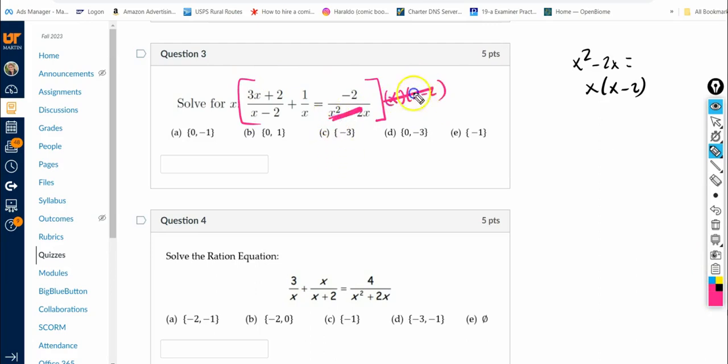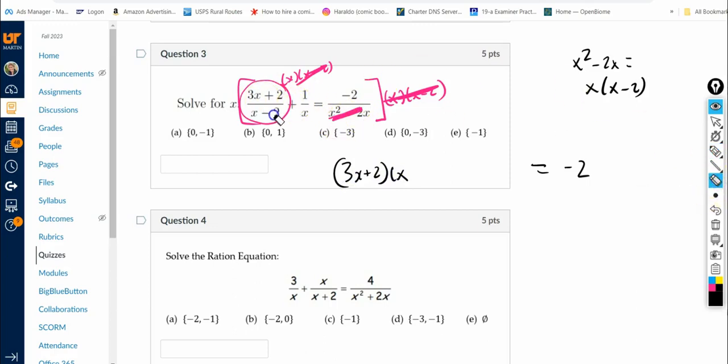So those will cancel and on this side, and so I'm going to be getting equals -2. And then when I multiply this one by x times x minus 2, the x minus 2's cancel, and I'll be getting 3x plus 2 all times x, all of that times x.